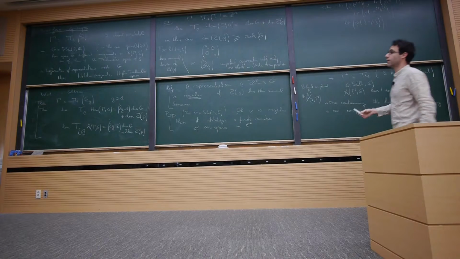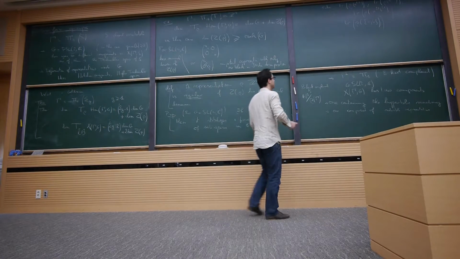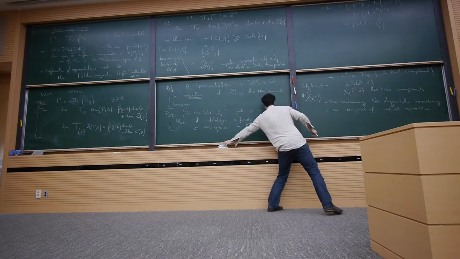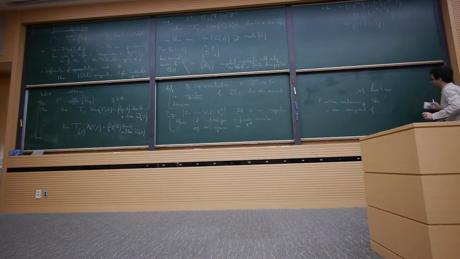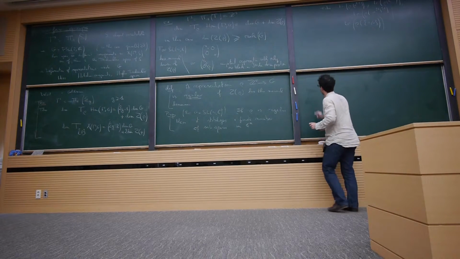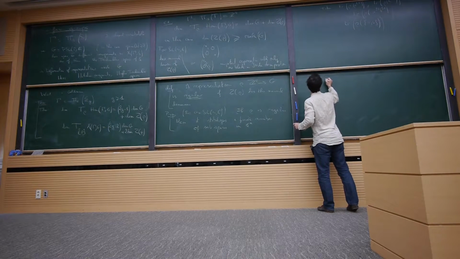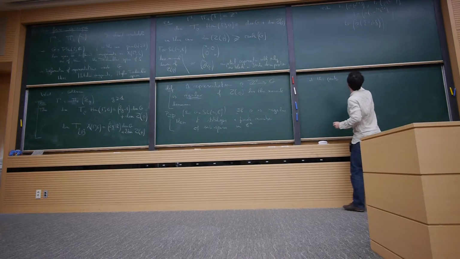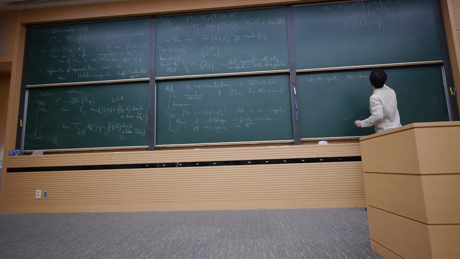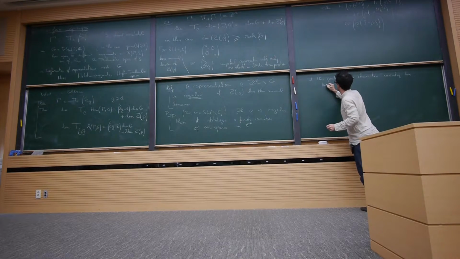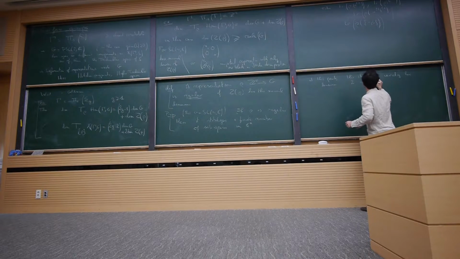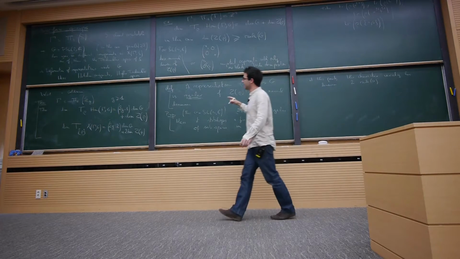And for these points, the character variety is of dimension exactly 2 times the rank, meaning that we can recover that in another way.